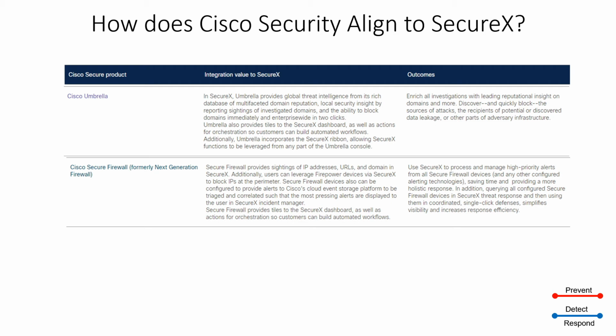I don't have to take everything that was actually sent to me. I can be very selective. And when I go ahead and generate, it'll generate the investigation, go out and reach out to every one of the products or modules that I have added into SecureX, and then provide me a more holistic view of what took place beyond that IPS trigger itself.